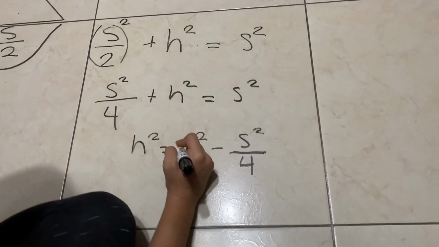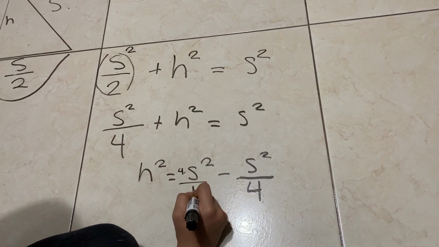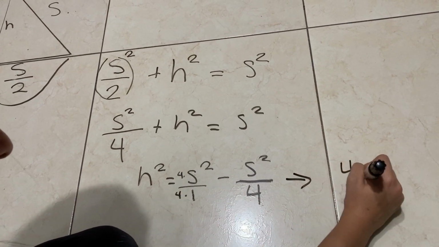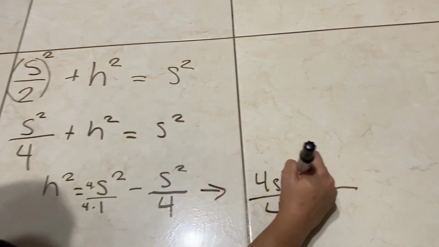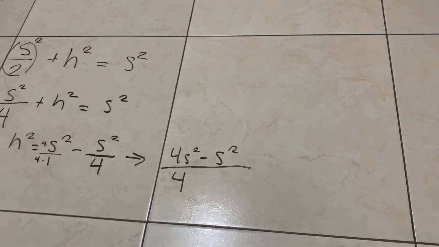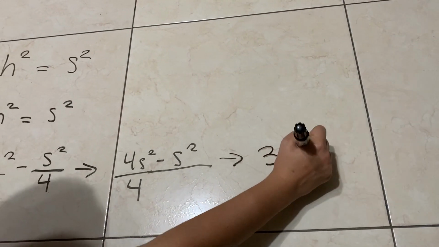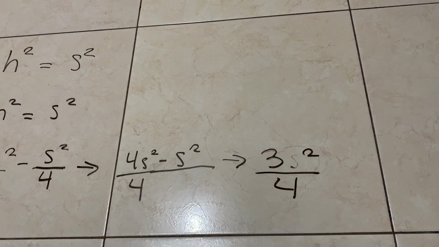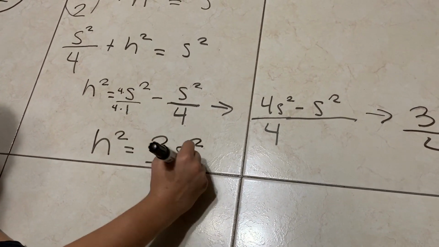So we gotta multiply this times 4, and we're gonna have the denominator also times 4, in which this will become 4S squared over 4 minus S squared. So 4S squared minus S squared will be 3S squared over 4. It will become H squared is equal to 3S squared over 4.